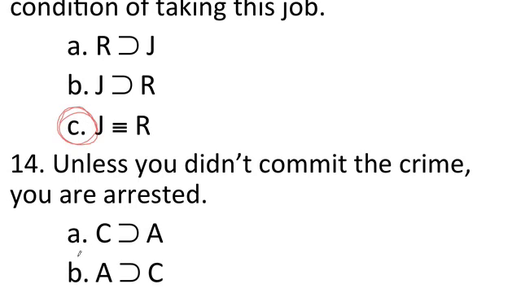Unless you didn't commit the crime, you are arrested. Now, we typically translate unless with a wedge, right? So either you didn't commit the crime or you are arrested. That is logically equivalent to if you committed the crime, then you are arrested.